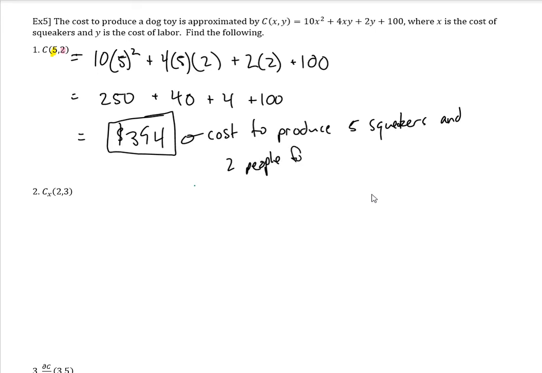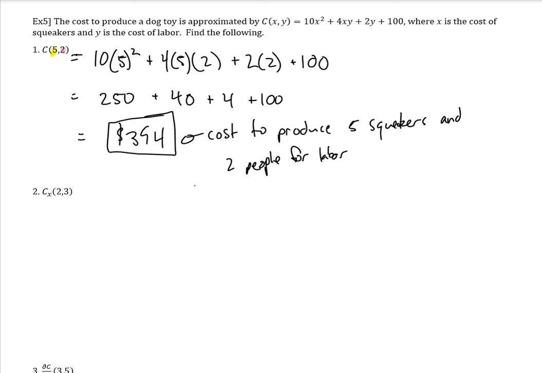They didn't really give us the units there, so I'll assume that means 2 people were involved to make this. Maybe it's an expensive dog toy, who knows. But that's what it costs to produce it. So that's just plug in and evaluate.